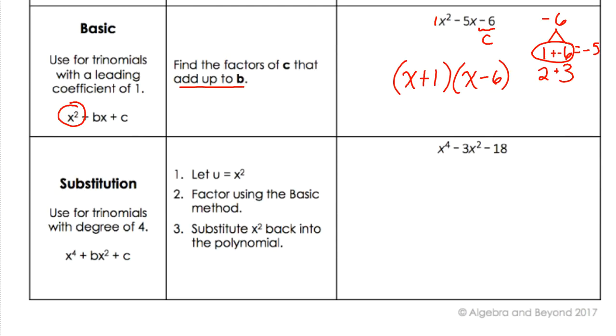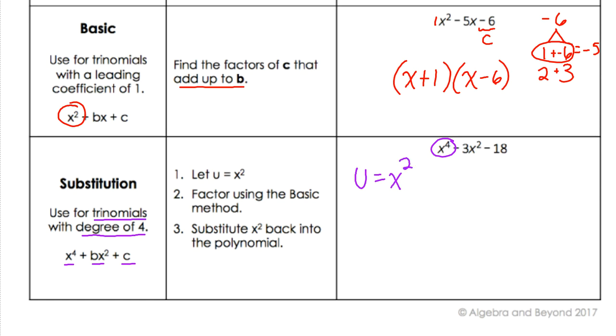Okay, next method is substitution. Substitution we use for trinomials. Remember that means 3 terms that have degree 4. So they would be in this form, x to the 4th plus something x squared plus a constant. We call it substitution because we can take this and substitute in u, we use u as just a variable, is x squared.